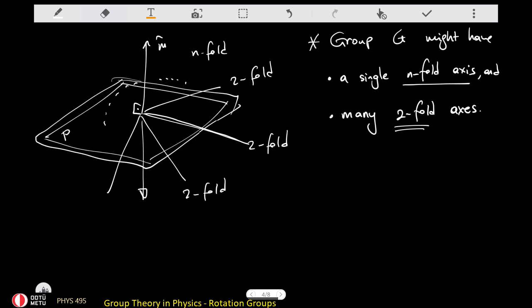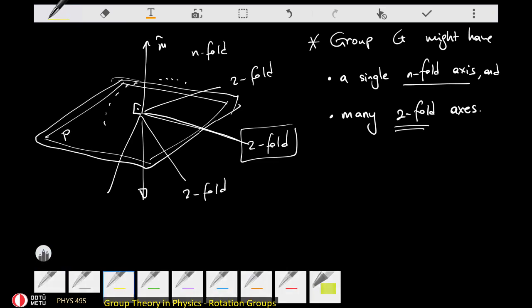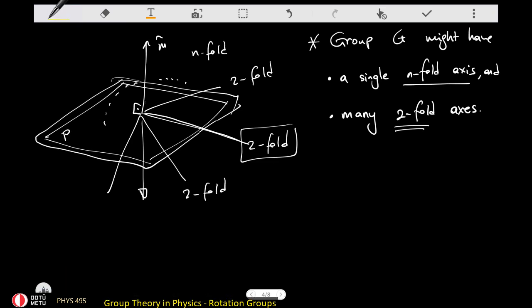However, if you just look at the effect of these twofold rotations on vectors in this plane, just remember that this twofold rotation, for example, basically maps this vector M into minus M. And therefore, it also maps a vector within the plane into the negative of itself.